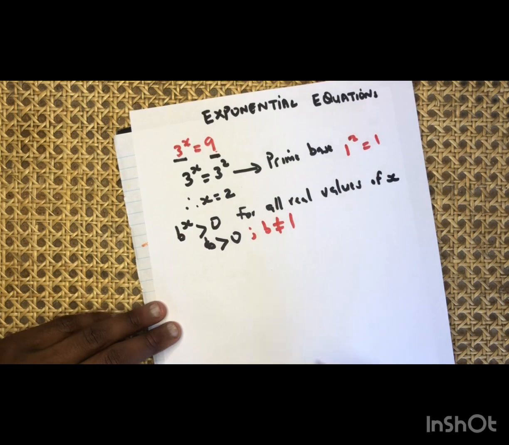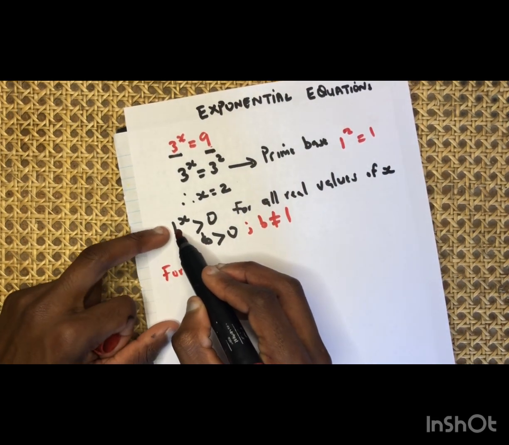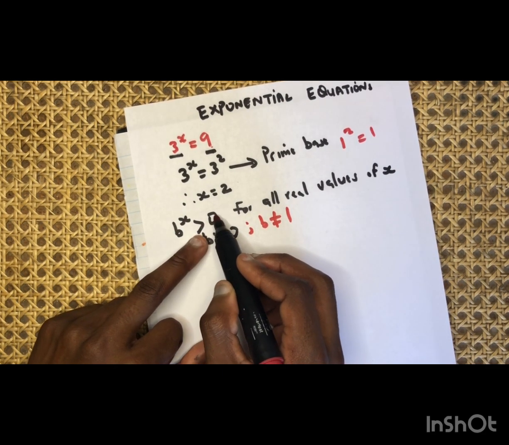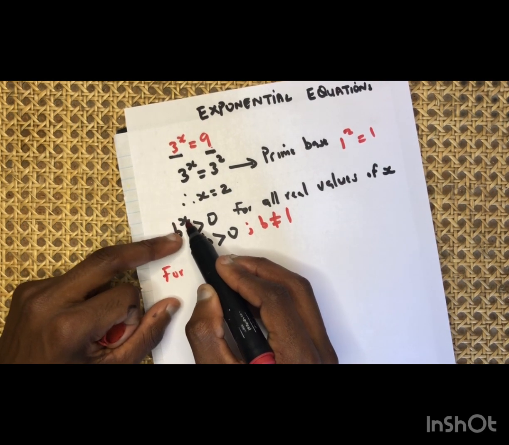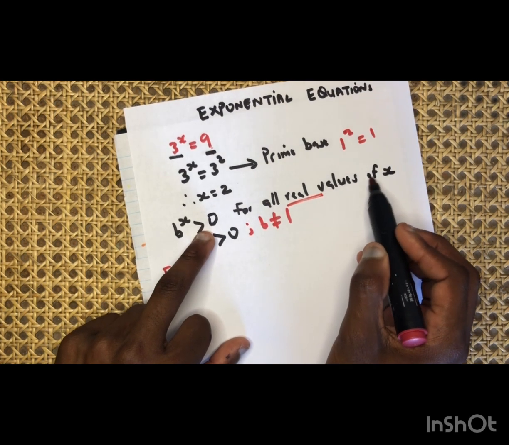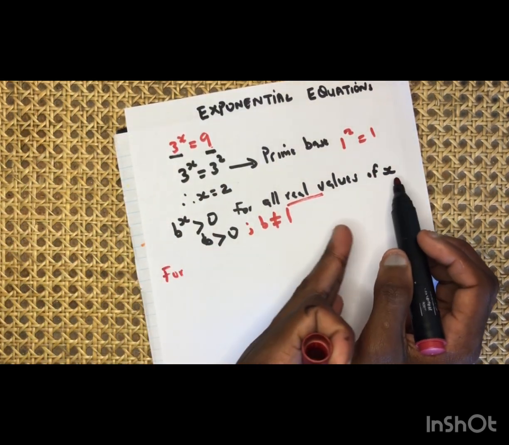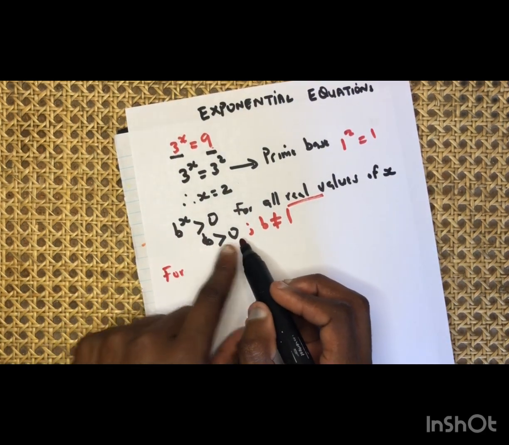Because I said the base here, b to the power x, must always be bigger than 0, which means whatever prime number is raised to an exponent must always be bigger than 0 for all real values of x if you are solving for x. But if you are solving for p, for all real values of p, your base must be bigger than 0.